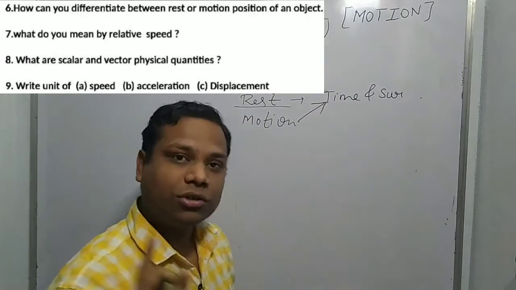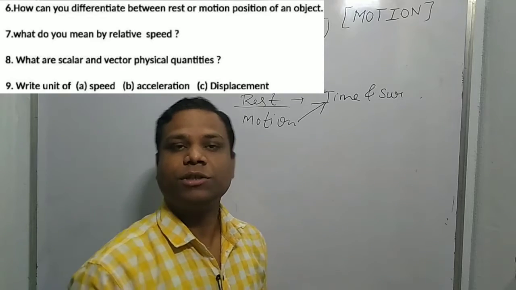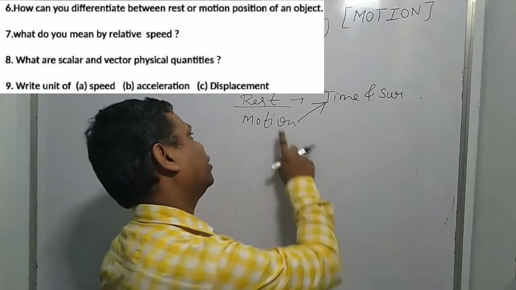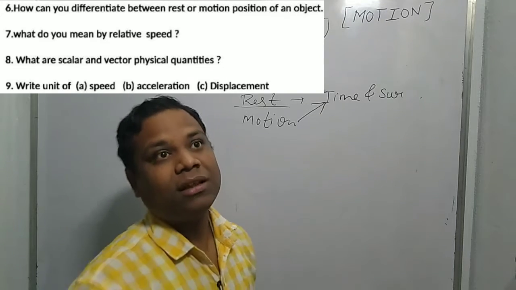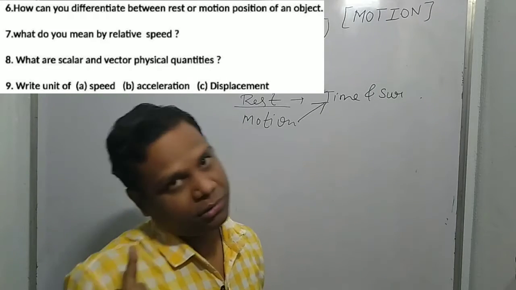And if an object does not change its position with respect to time and surrounding, then it is said to be at rest. The basic difference is change of position with respect to time and surrounding.